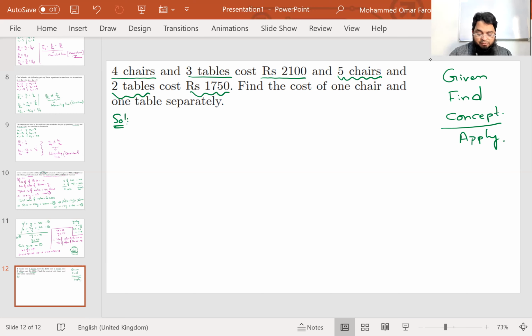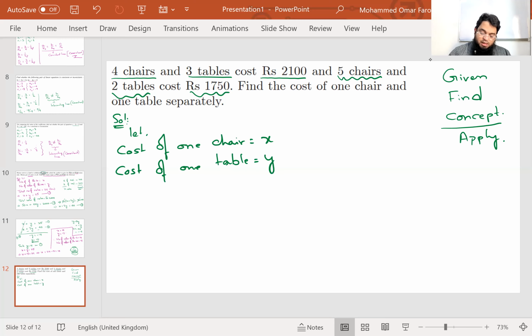Whatever he is asking, let the cost of one chair be x, and the cost of one table be y. Now what is the situation, case 1?